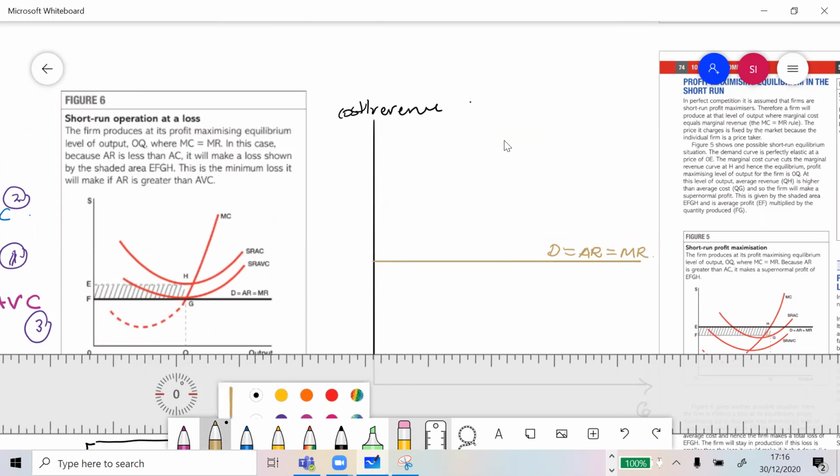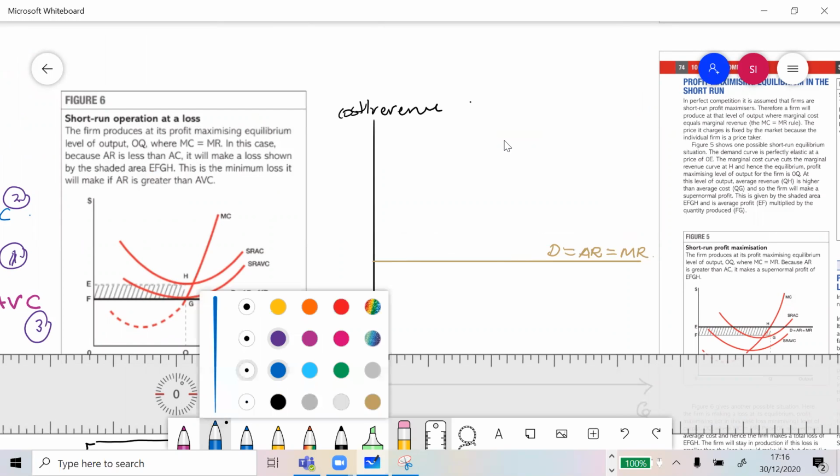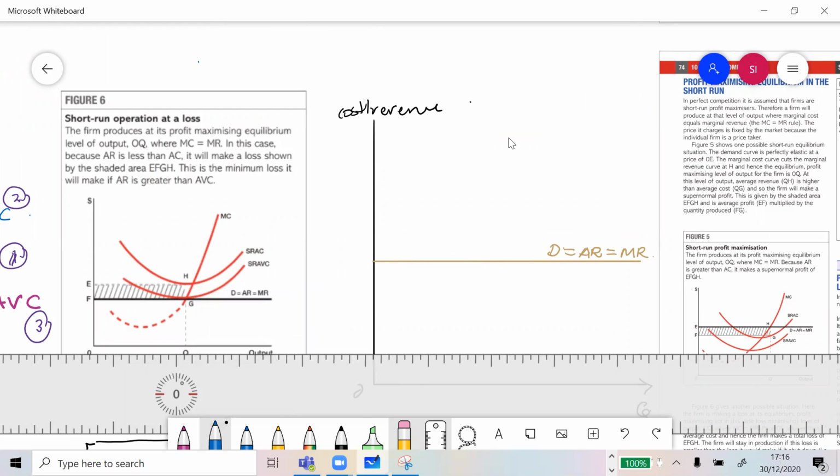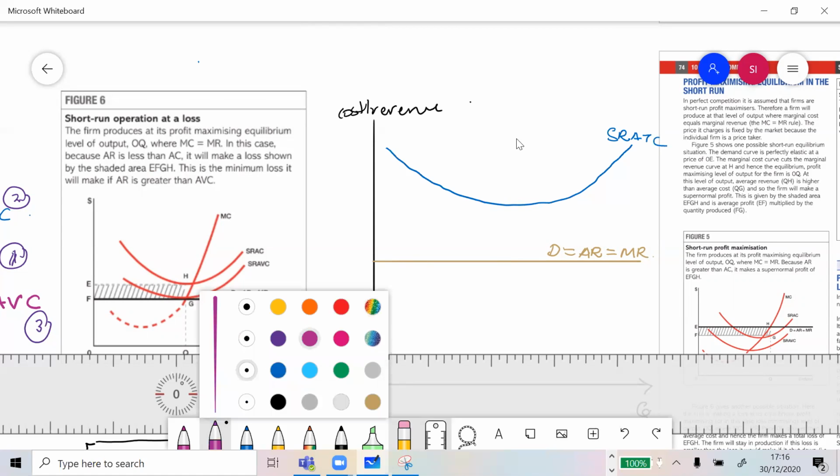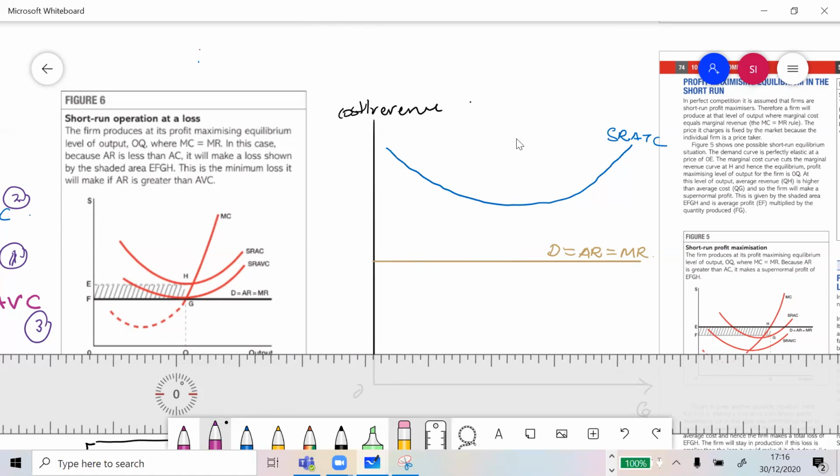So first I'm going to draw the short-run average total cost curve or short-run average cost curve. So this is my short-run average total cost. Now I'm going to draw the short-run variable cost curve which touches the AR curve, and it should be parallel to the previous one.